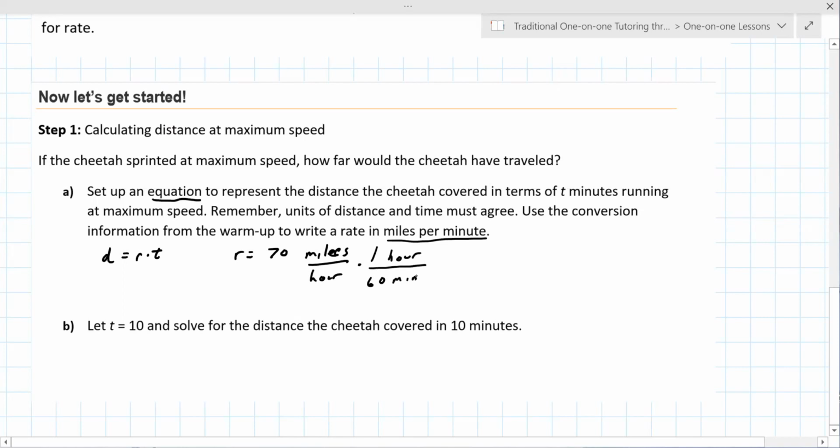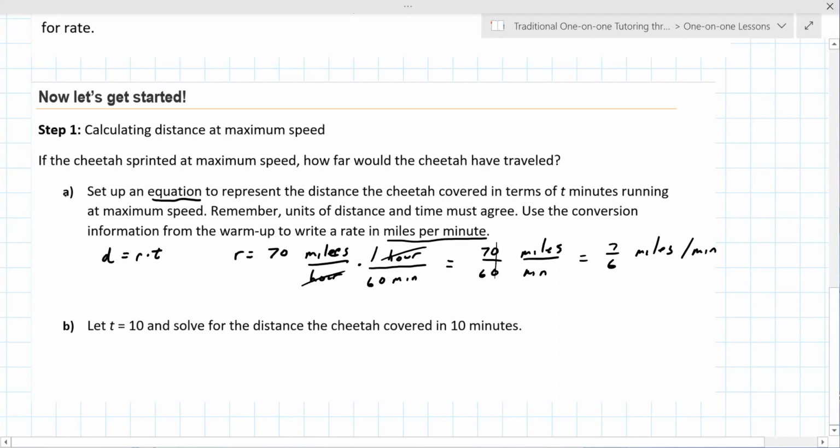Okay, the hours cancel. Maybe if you've had a chemistry class or a science class, then you remember that there are sometimes unit conversion problems that occur here. So this becomes 70 over 60 miles per minute, but we can do one better. We can cancel out the zeros. So it's 7 over 6 miles per minute. Is that okay so far?